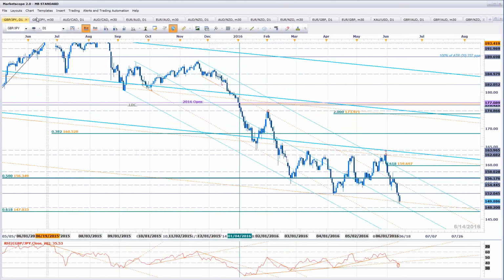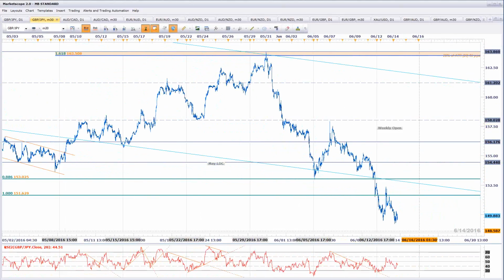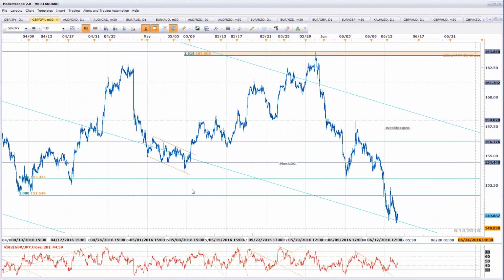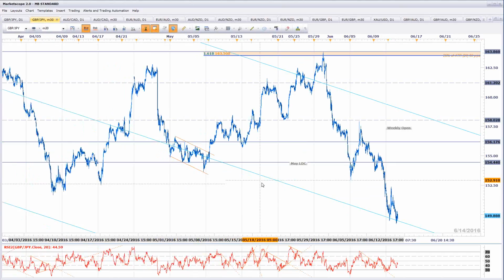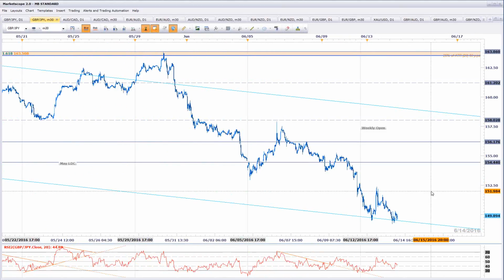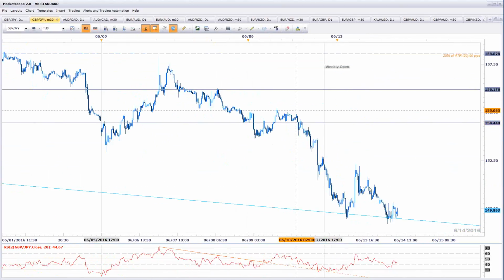Let's see what the scalp chart looks like. Okay, that's null and void. That's a new low. And I want to see if the weekly high is different from the weekly open.